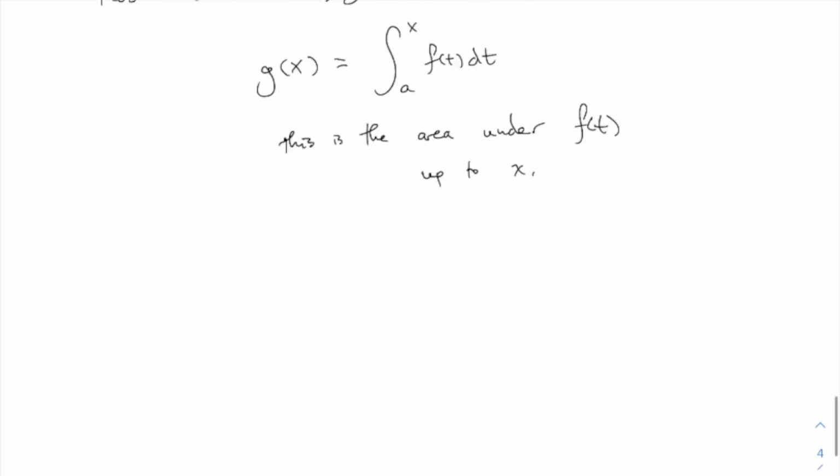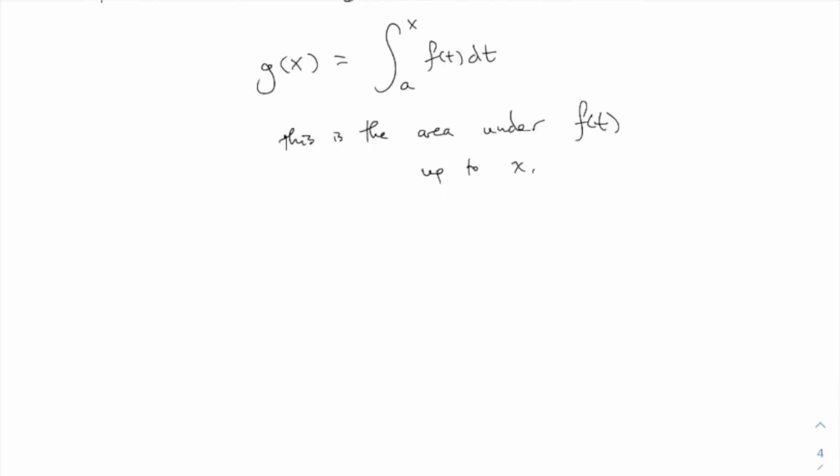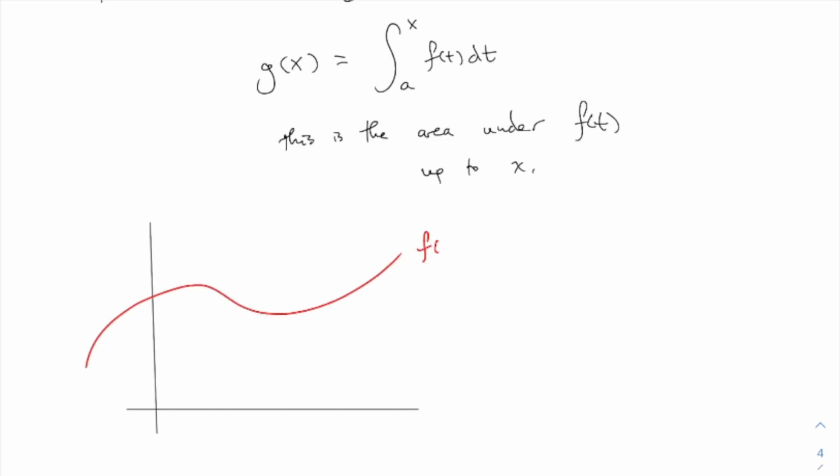I'll try and draw some pictures to explain what exactly I mean by that. You have to imagine I have some function, f of t. So let's say it looks like that. This is f of t, all right? G of x is the area when you start at a and you go up to whatever x is. Let's just imagine a is 0.